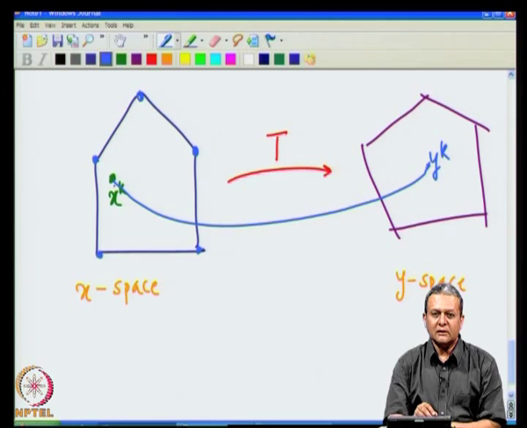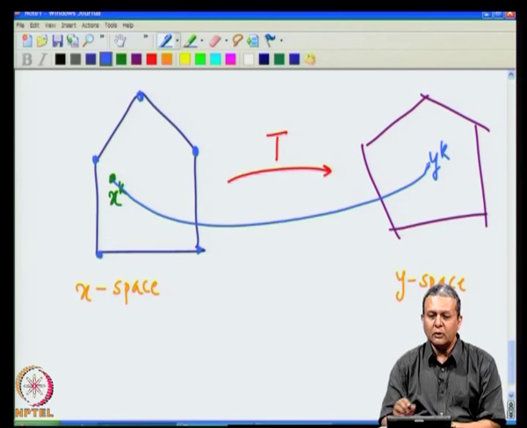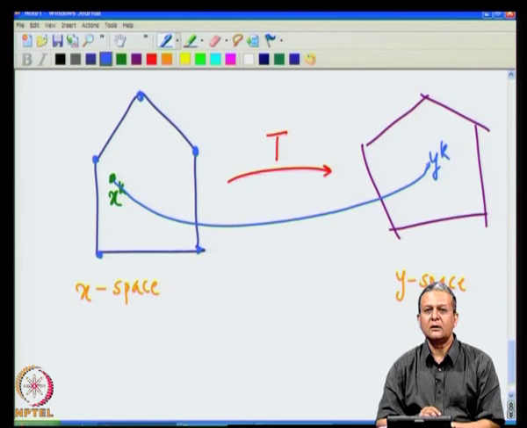So, any point xk would be mapped to the new space, but in particular xk will be mapped to the point yk, which is close to the center of the feasible region in the y space.